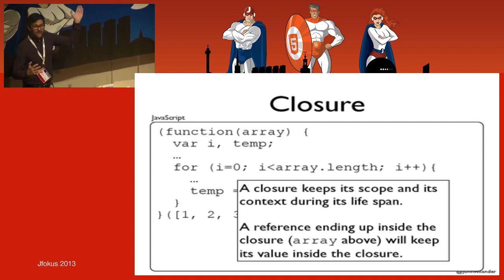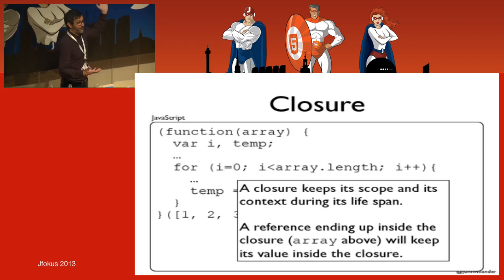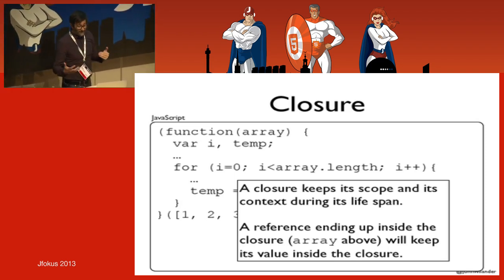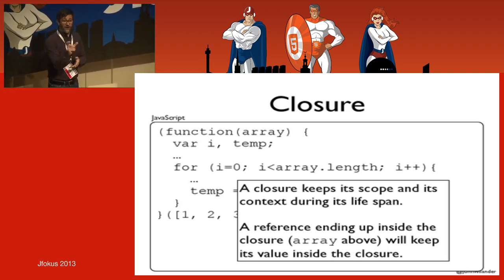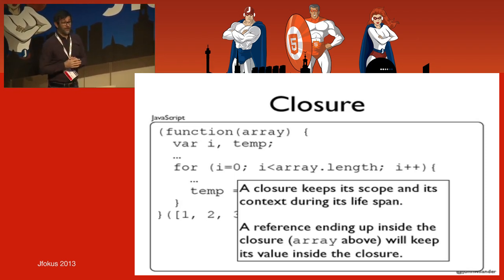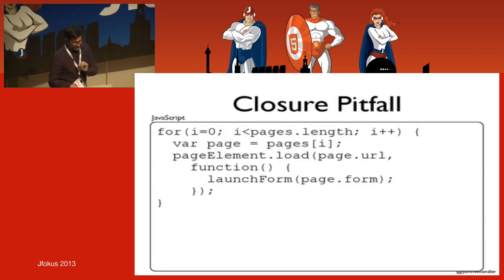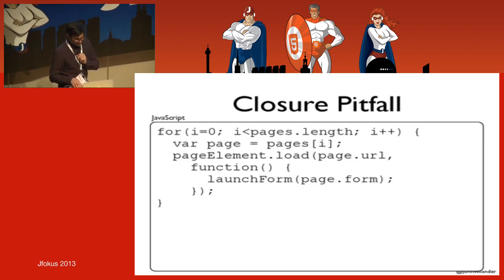So if you assign this to some kind of variable that lives throughout your application lifespan, in this case, the array will still exist because it's inside the closure. And that's because the closure needs to function. So you cannot kill this because it's a local variable or such. We'll see how this works with the so-called Crockford module pattern in just a while.